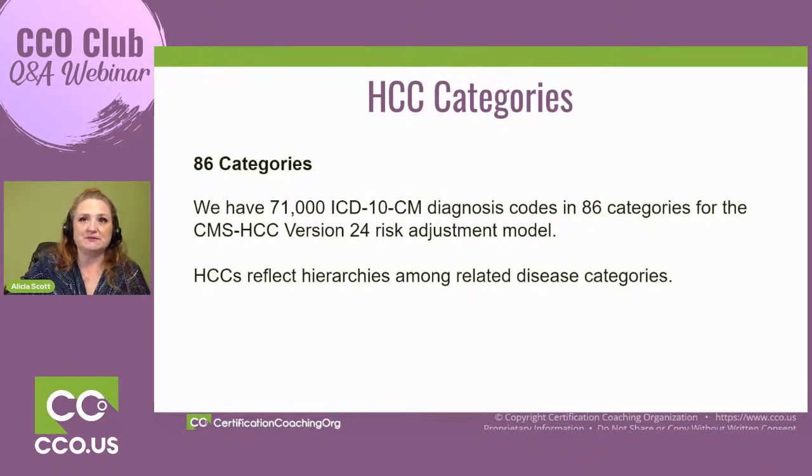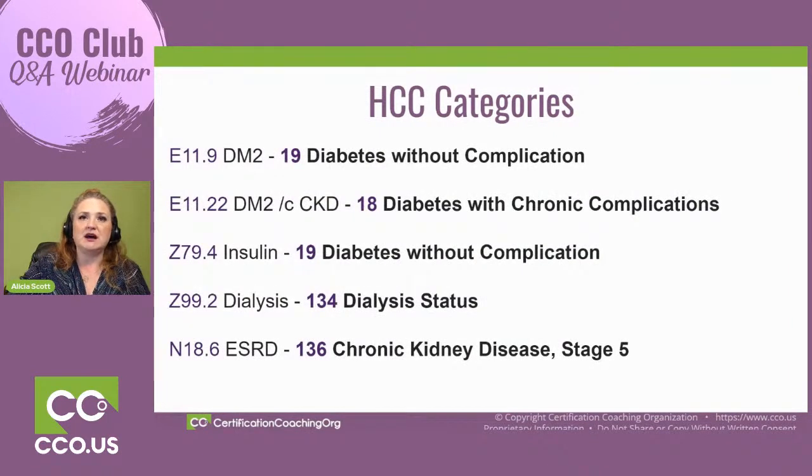All right, so I'm going to show you some of these categories, but first, let's look at how they're divided up. I just picked some off the top of my head. E11.9, diabetes, no complication, it's a 19. But we talked about a CKD patient. If you have diabetes and CKD, you're an E11.22, that's an 18. Now again, they're both diabetes. Look at Z79.4, that's a 19.